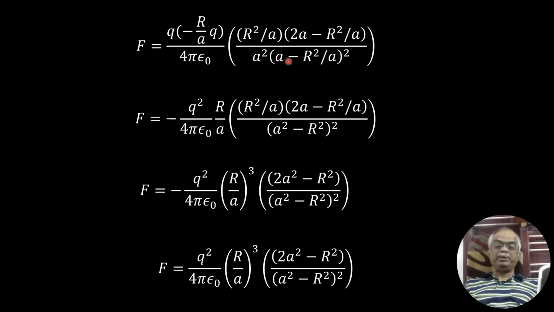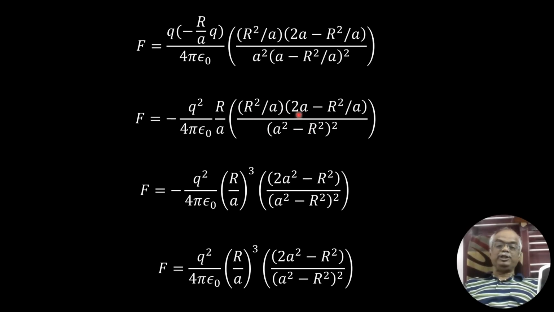So the first term will become a into a squared, and the second term goes inside the bracket, it will be a, so a will get cancelled. You will get (a squared minus r squared) whole squared. So we have reduced the denominator.